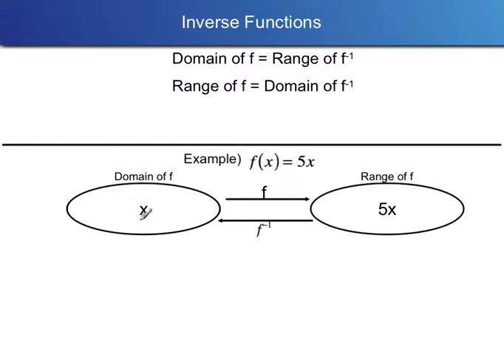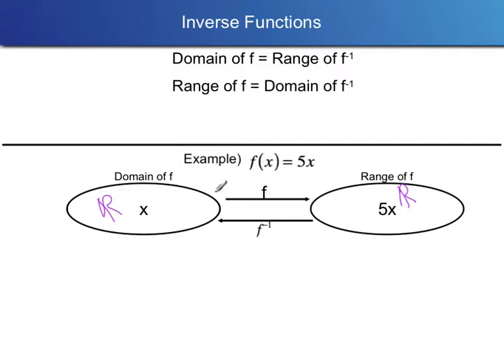If you put in x for f, this is my domain, and it's actually all reals are in my domain, and I apply f, I'm going to get out 5x. And again, this is going to be all reals. Then, working backwards, if I start with my all reals, 5x, and I work backwards, I'm going to get x back. And that is still all reals.